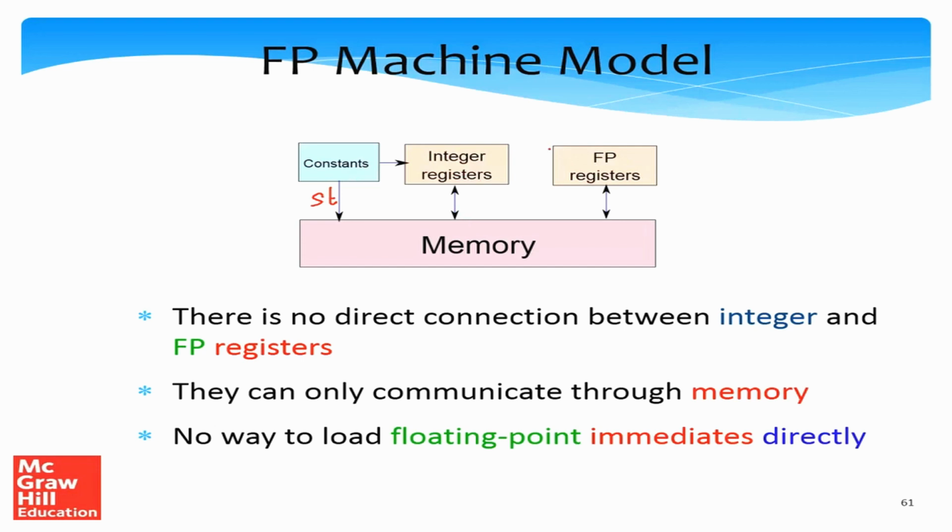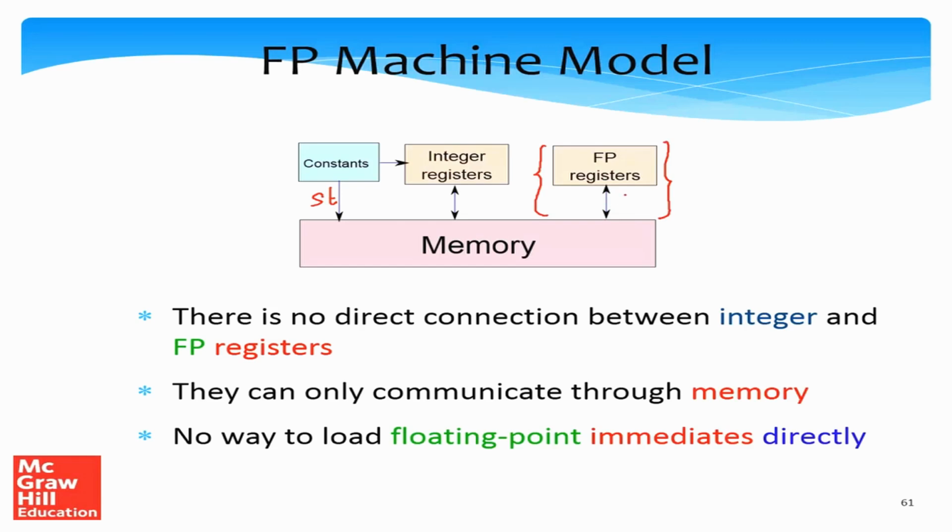However, floating point registers are sort of weakly connected. Floating point registers can only talk to memory, so loading constants and so on into them is slightly difficult. We shall see how. But their primary interface is via memory.